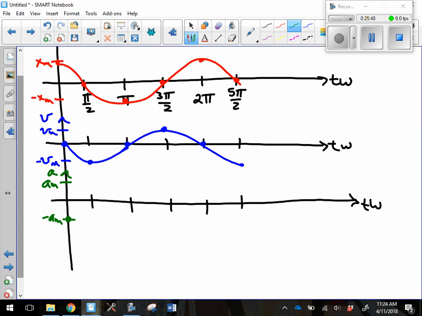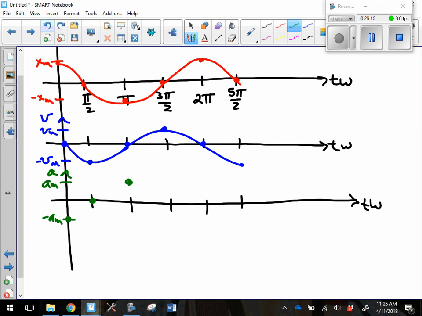When omega t is pi over 2, what am I going to get? Cosine of pi over 2 is 0. When omega t is pi, what's the cosine of pi? Which is going to cancel with this negative 1 and give me AM.